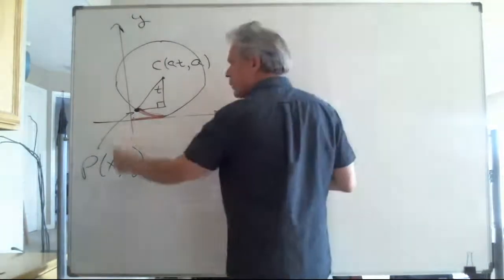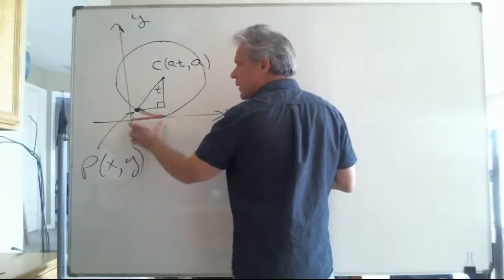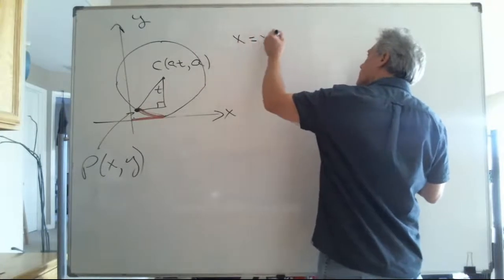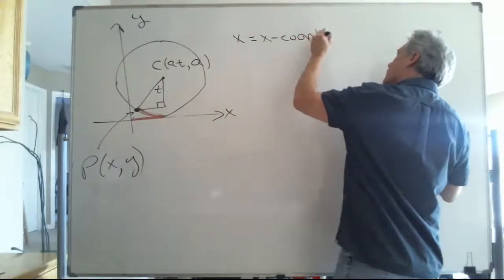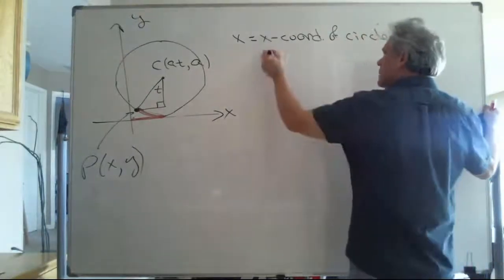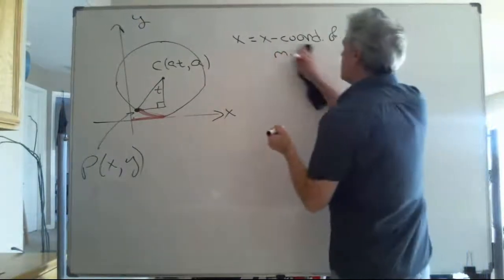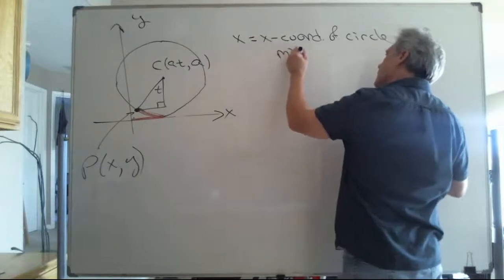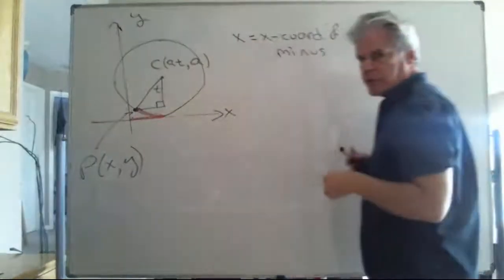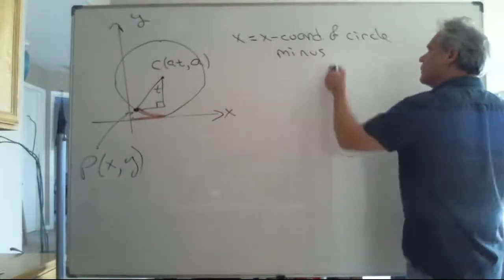Now that being the case, notice that the x-coordinate of the point P is nothing more than the x-coordinate of the center of the circle minus that length right there, which is just a horizontal leg of that right triangle.